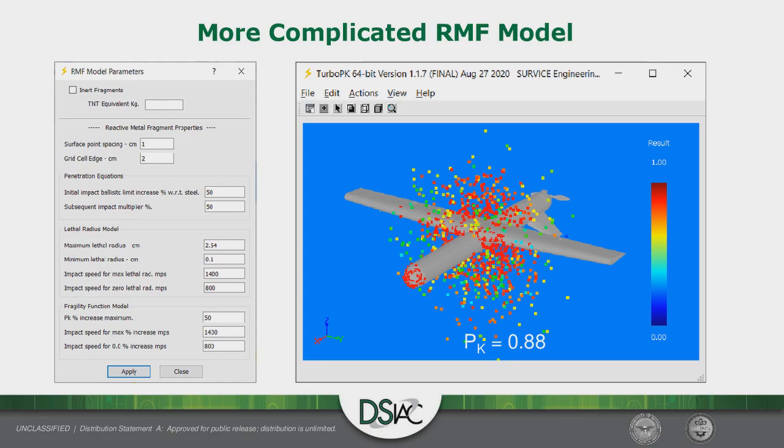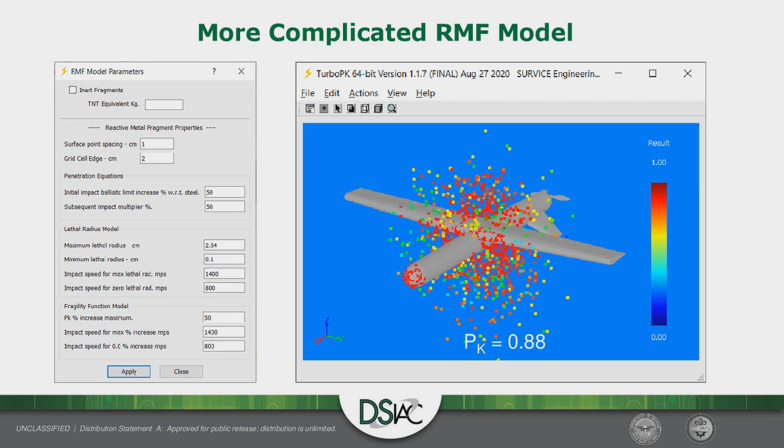And in this case, I just assumed the ballistic limit increase was 50%. Yeah, I know, linear and nonlinear. I get that. The lethal radius is 2.54 centimeters at 1,400 meters per second and 1/10 of a centimeter at 800, and varies linearly in between.